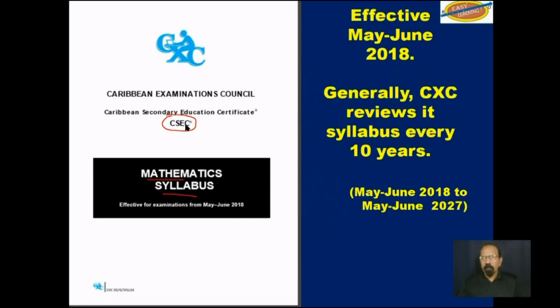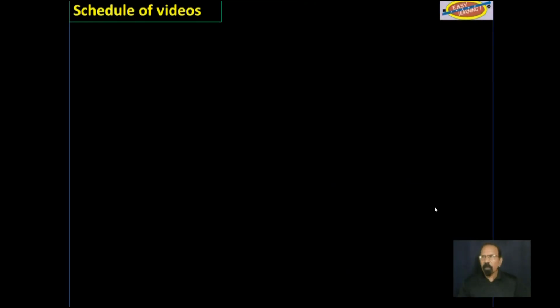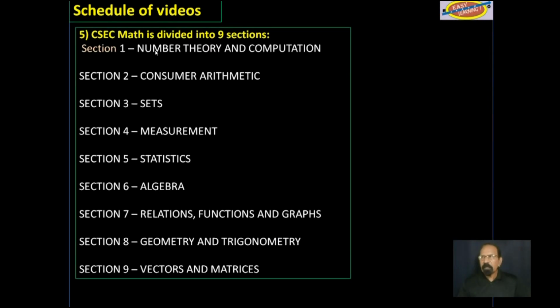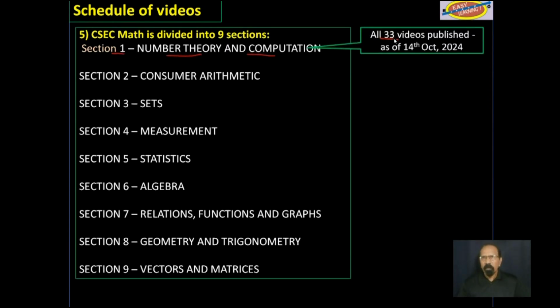We continue with the mathematics syllabus for CSEC 2018 to 2027. Schedule of videos. Section 1, Number Theory and Computation: all 33 videos in that section have been published in their entirety on YouTube.